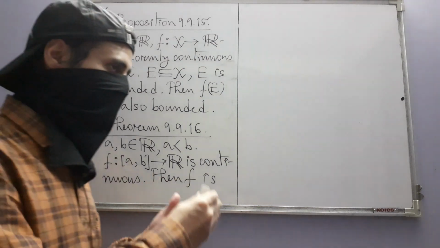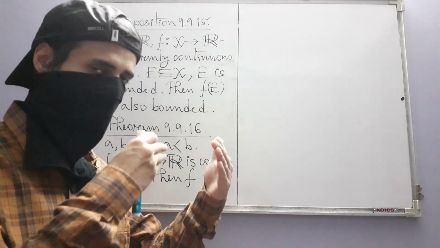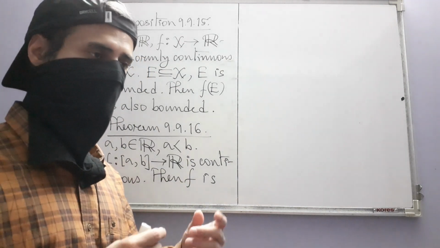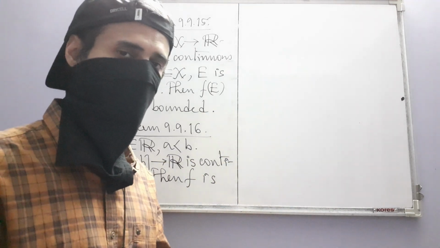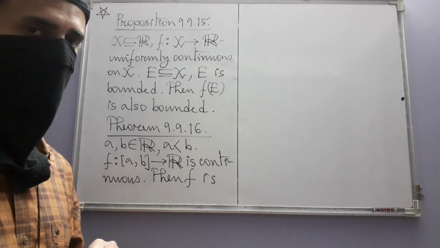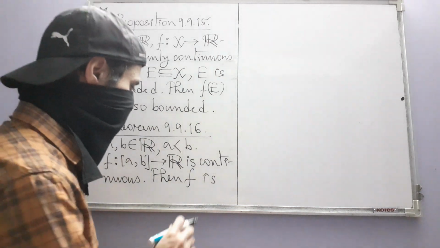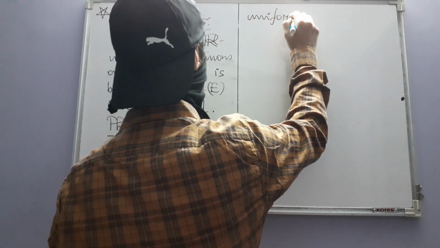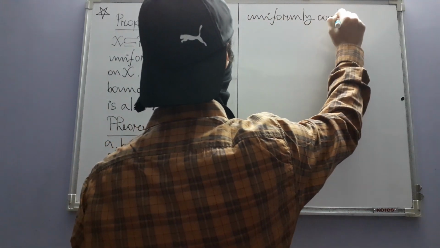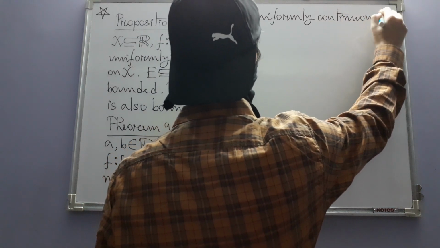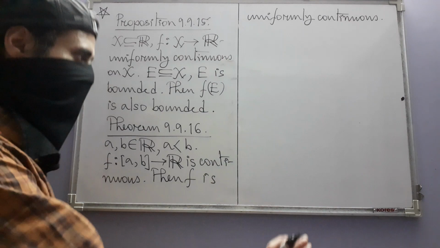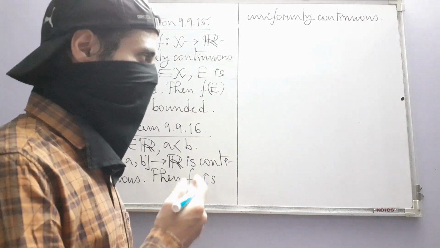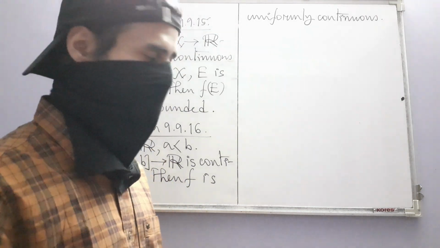However, if you take 1 over x function on the closed interval 1, 2, there it will have to be uniformly continuous despite having a graph like that. Now the proof of this is not an exercise, it's there in the text and we will do it, but not today. In the next analysis video, we will do this proof.